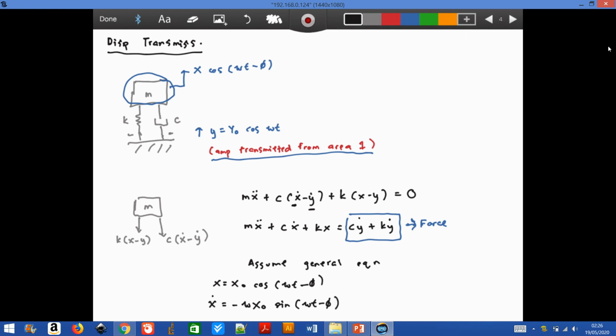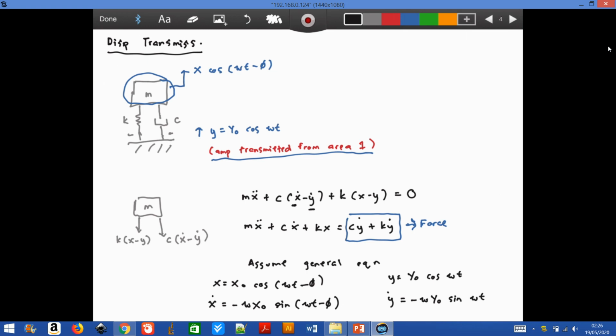This is for x, and for y equals yo cos omega t, and y dot equals minus omega yo sin omega t.